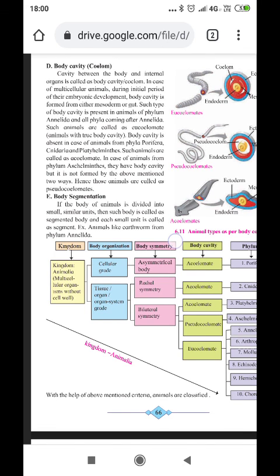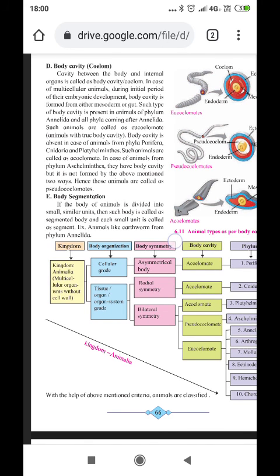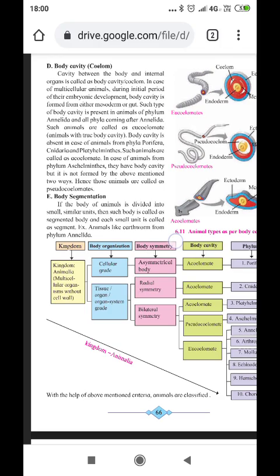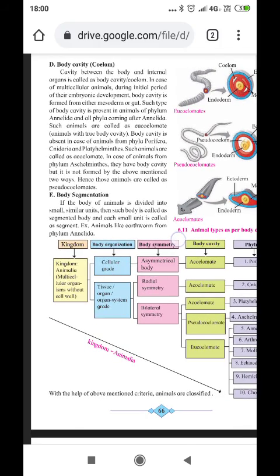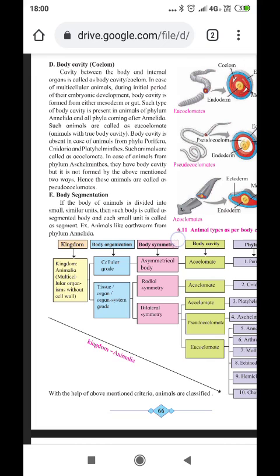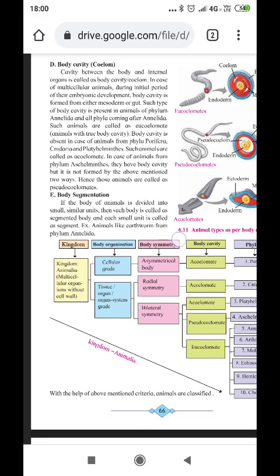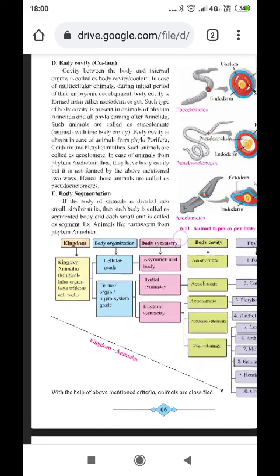The second is acoelomate, where the cavity is absent. The next one is pseudocoelomate, meaning a false cavity is there, but it is not fully developed or formed, and therefore it is called pseudocoelomate.